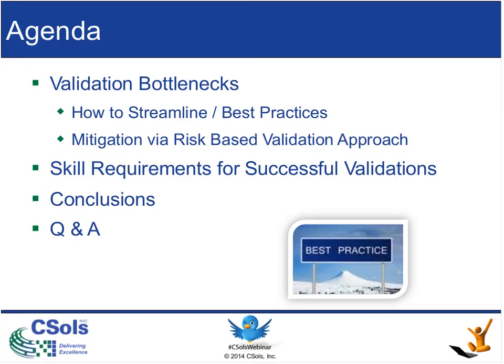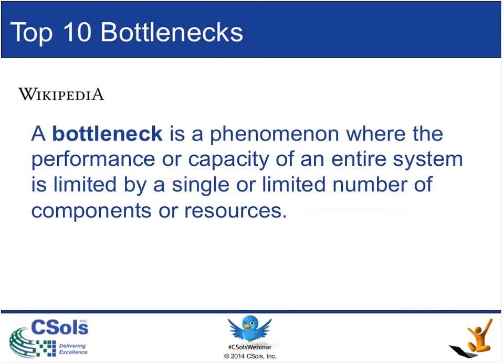Then I'm going to move on to a little tool that we developed to describe a skill set that you would look for when you're looking for validation people to do your validation projects. And then we're going to have a couple conclusion slides, and then I'm going to open it up for questions to the audience. So let's just get started.